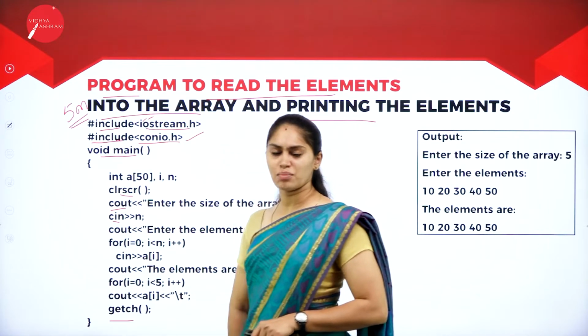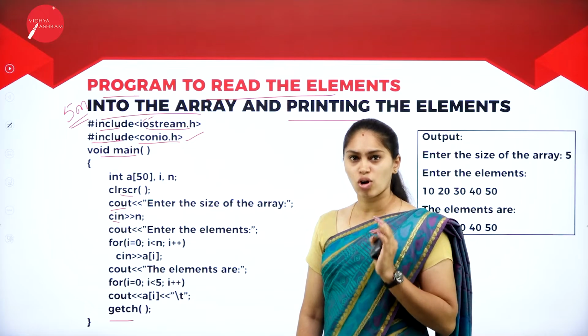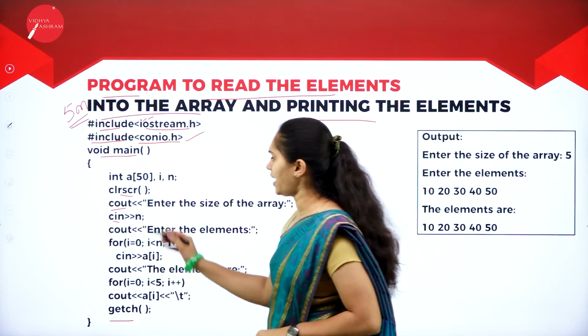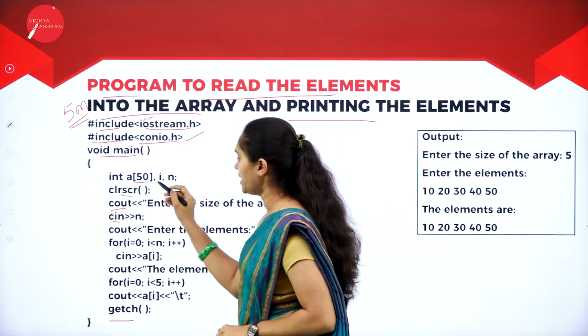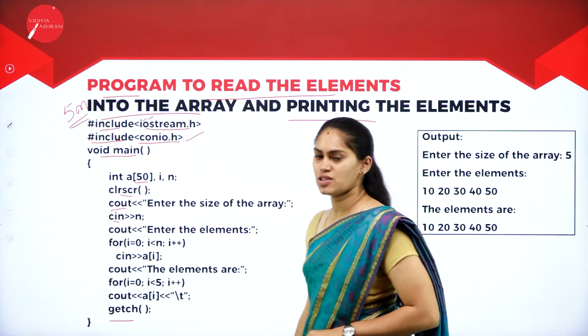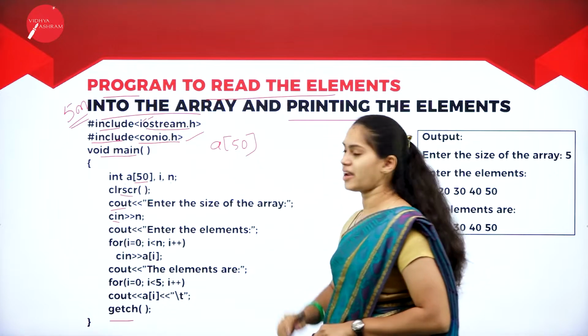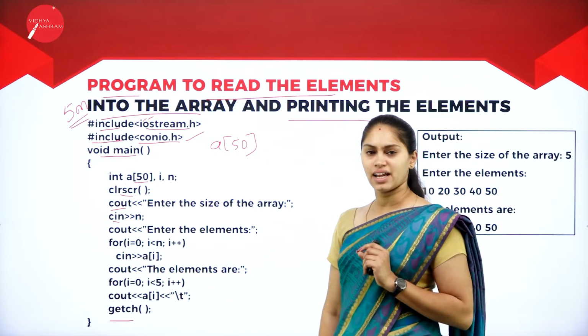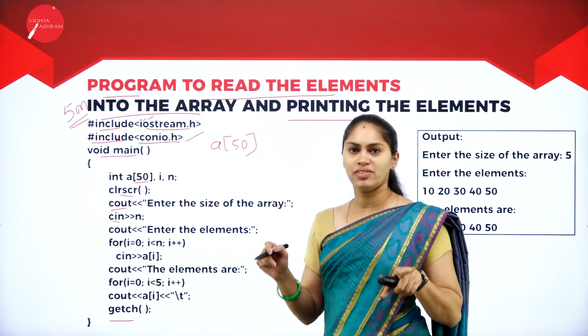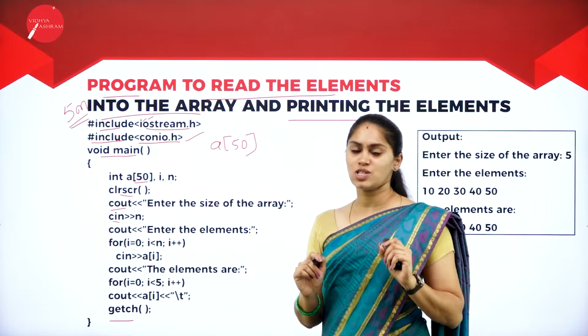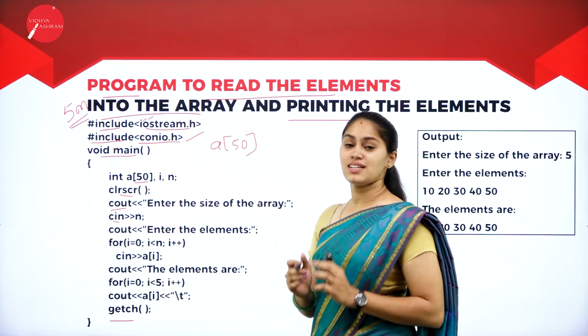So the opening of a flower brace indicates the opening of the scope of a function. Next, int a of 50, i, n. So a of 50, is this a normal variable or an array variable? It is an array because I have a size which has been represented with a square bracket. So this represents the size of an array.